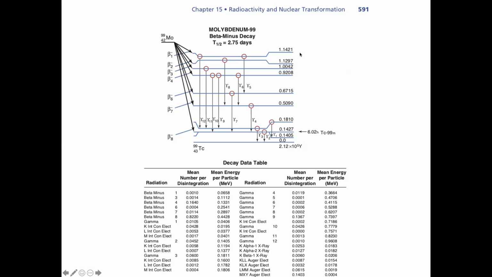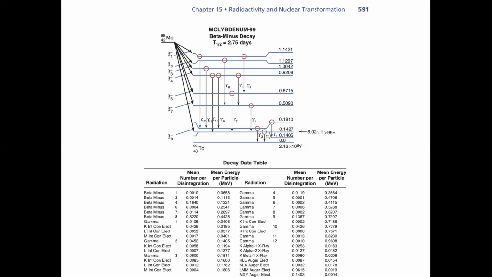That's correct. And all of these states of technetium are excited states. Each one of these is technetium in an excited state. This energy difference is the mass difference between the excited state and the ground state, and that energy comes out as a photon when it happens.